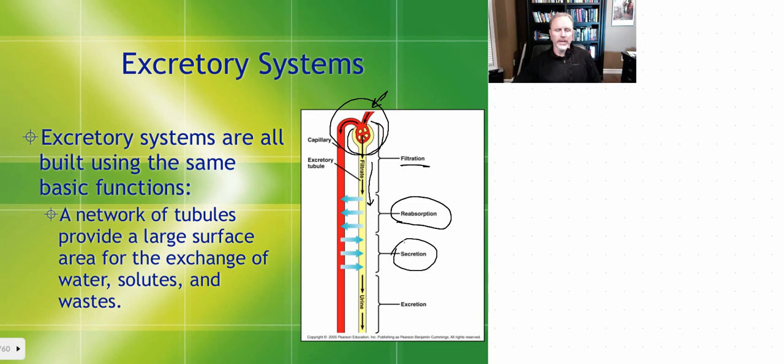You're going to secrete out some of the bad stuff, and then you're going to excrete the urine that's being produced after having all of the good stuff taken out. And the good stuff a lot of times obviously is water. We have solutes, nutrients, amino acids, a lot of the types of things that we were discussing earlier.